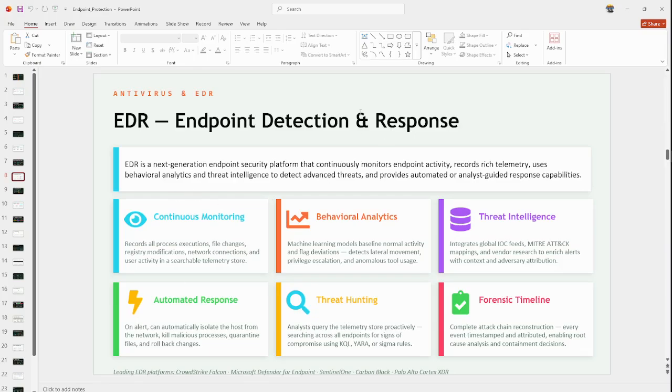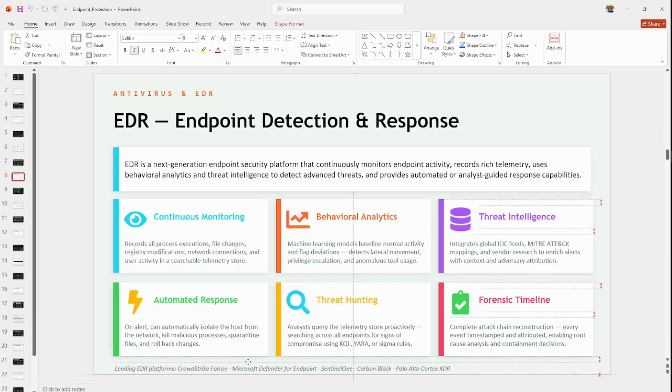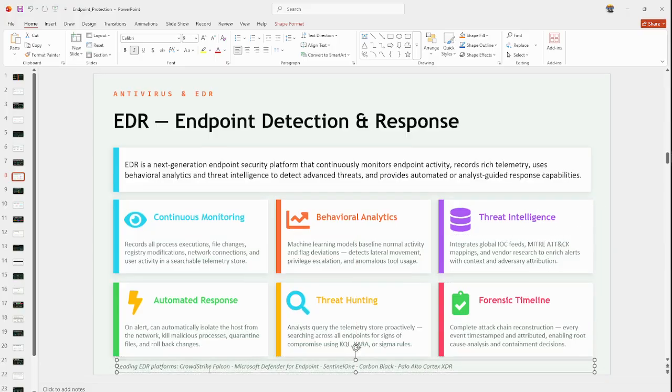So you have your EDR tools here: CrowdStrike Falcon, Microsoft Defender for Endpoint, SentinelOne, Carbon Black, Palo Alto Cortex XDR.